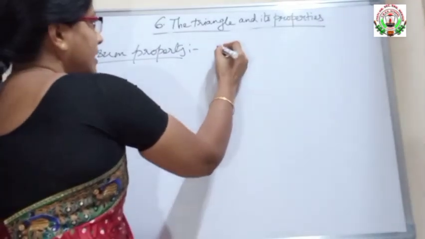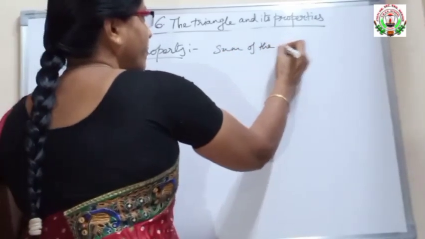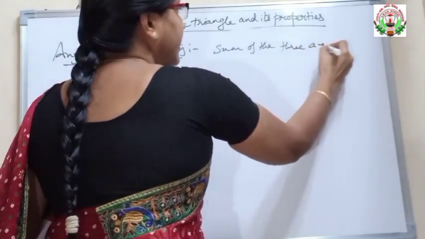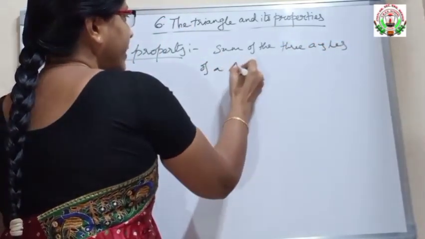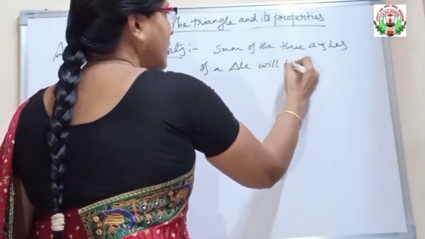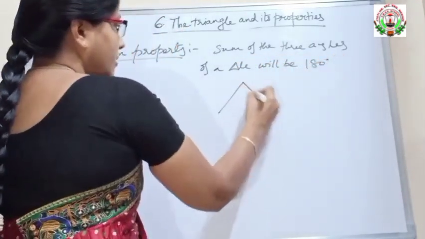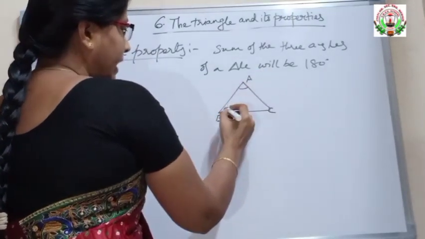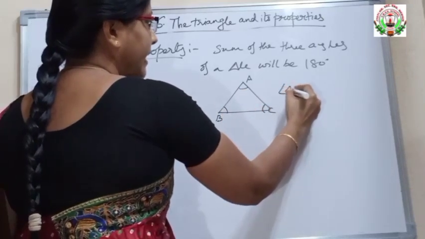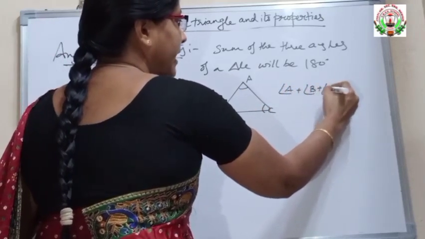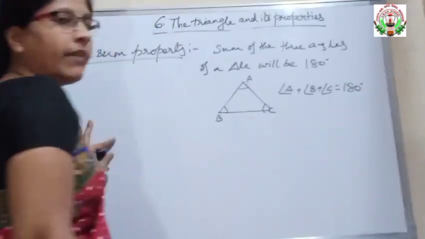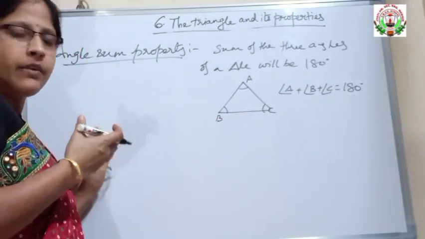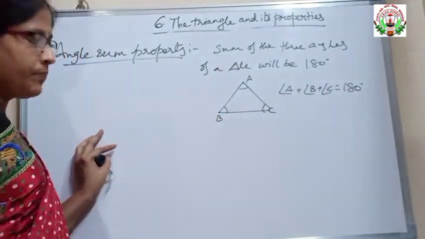Angle sum property means the sum of the three angles of a triangle will be 180 degrees. Example, triangle ABC: angle A plus angle B plus angle C will be 180 degrees every time. If it is not 180 degrees, we cannot frame the triangle. So this is the angle sum property.